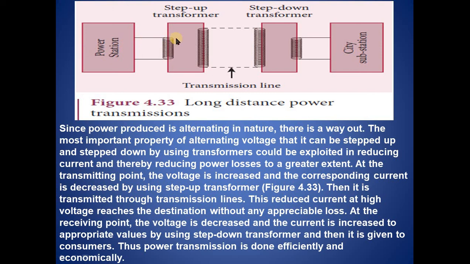When the power enters the step up transformer, the voltage increases and current decreases. In the step down transformer, the voltage decreases and current increases. Then it is given to consumers.